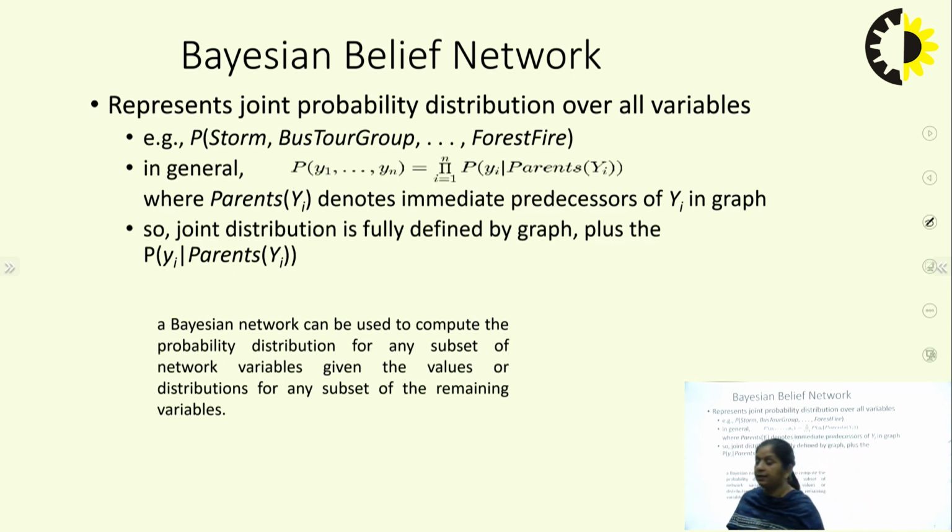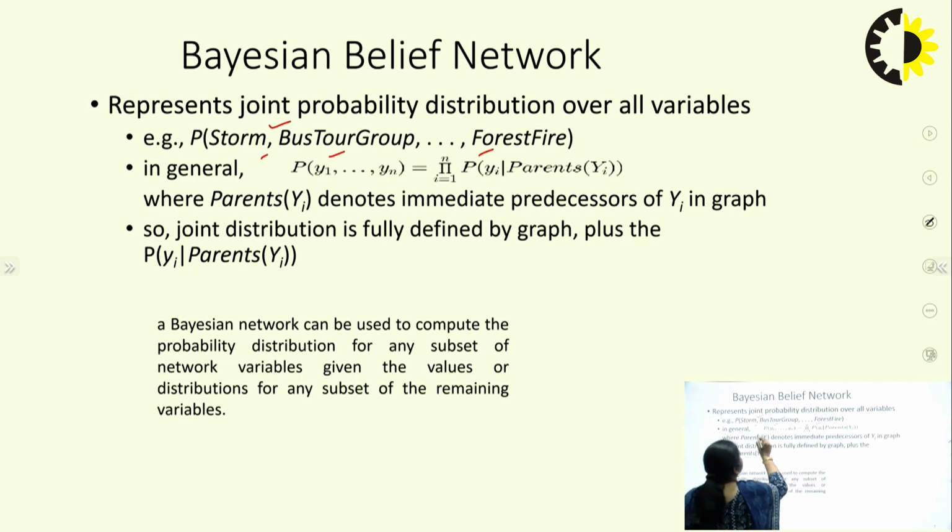parent node, its predecessors. Now, what concept is the Bayesian belief network represent? Joint probability distribution over all the variables. In this, we are having variables storm, bus, tour group, forest, fire. How does it represent the full joint probability distribution table?